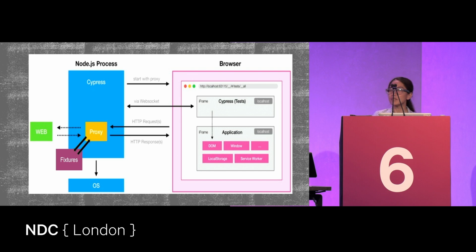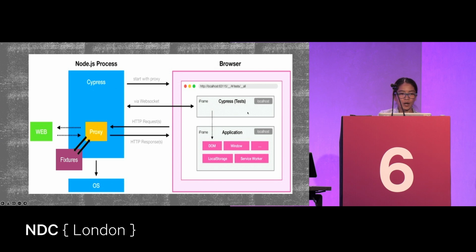Okay, so here's a good illustration, I hope it's clear, that I got from the internet. This is the basic Cypress architecture that I found. Here we have the Node.js process that is running on our operating system, and through the proxy, you can see it will make the connection.